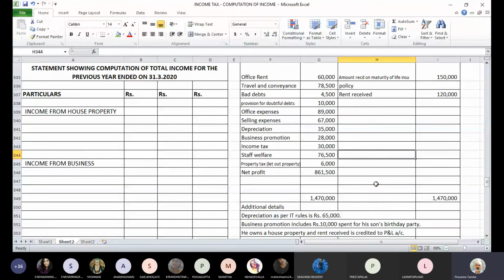So income from business, our first item will be net profit. We are given net profit as per P&L account, which is 8,61,500, which is our starting point. And then we are going to adjust this profit.